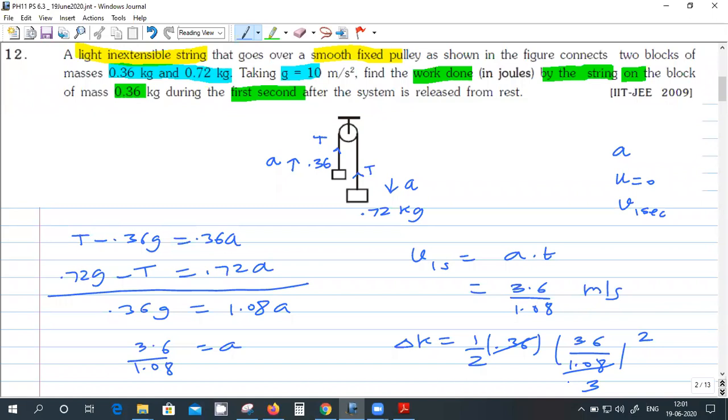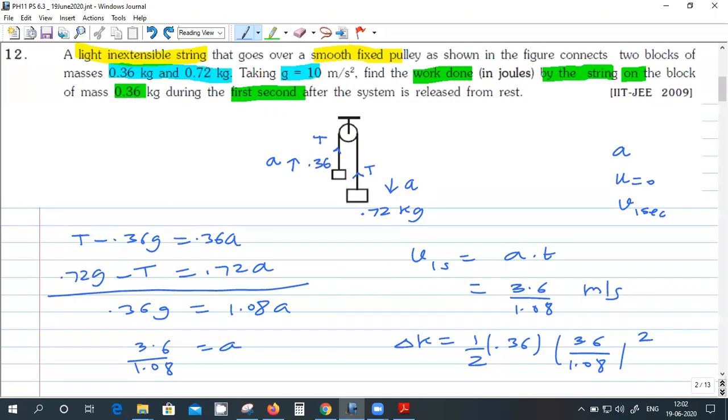Sir, 8 joule, 8 joule. It is square, no? So how did you find kinetic energy, or some other method? Sir, I found acceleration first.